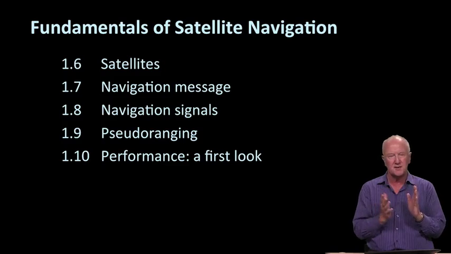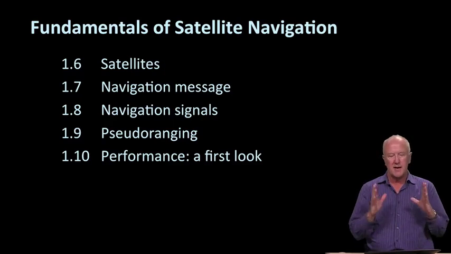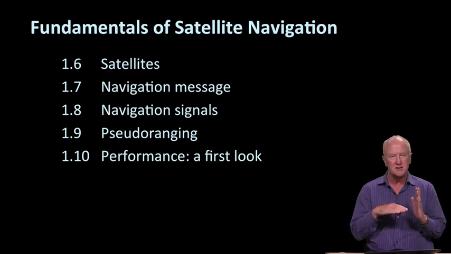We'll go one layer deeper, talk about how to linearize those equations, and really implement the navigation algorithm on the user receivers. And we'll also use that linear set of equations to formalize how to characterize performance. In other words, we'll come up with an analysis that comes behind these results you've seen in snippet 1.10.